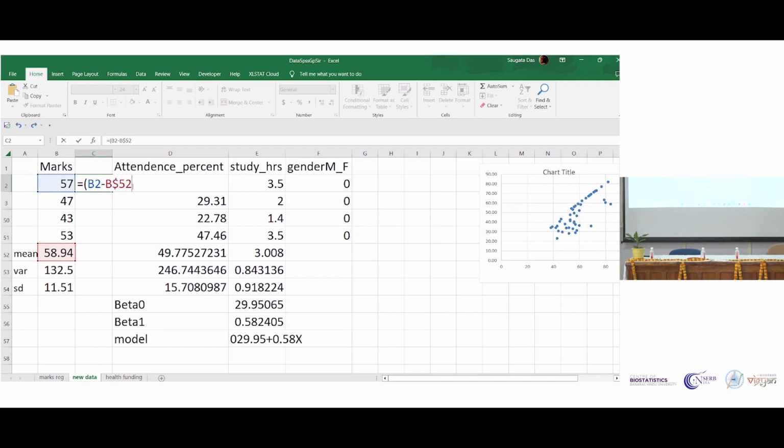Bracket close. Power how much? 2. And enter, and then drag it and then find sum. ठीक है, क्या कर लेना है? Sum. तो यहां सिग्मा को यूज कर लिया, सम आ गया.